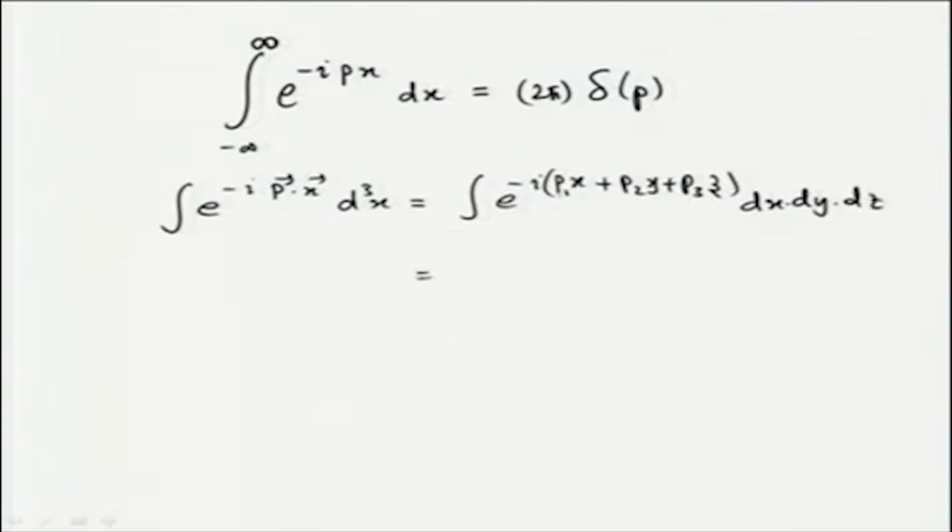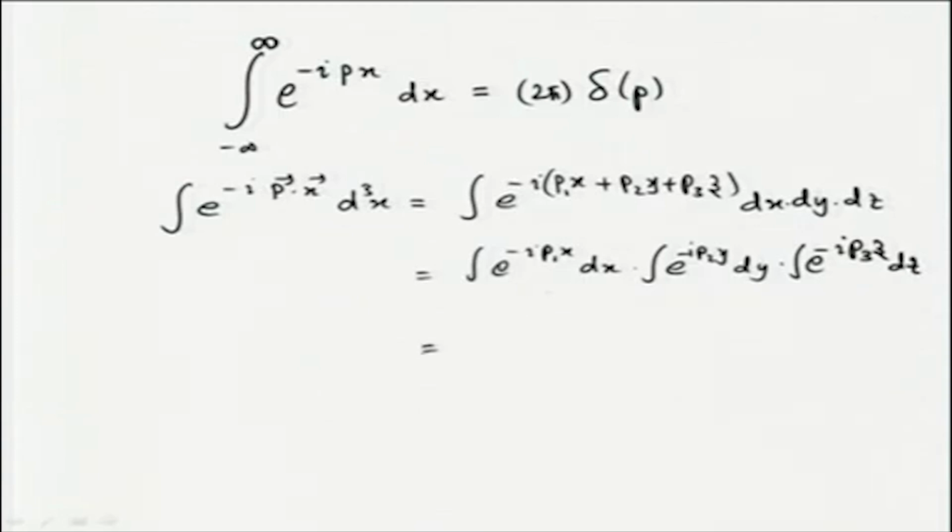So, I can take it as the integral of e to the power minus i p1 x dx, the integral of e to the power minus i p2 y dy, the integral of e to the power minus i p3 z dz.